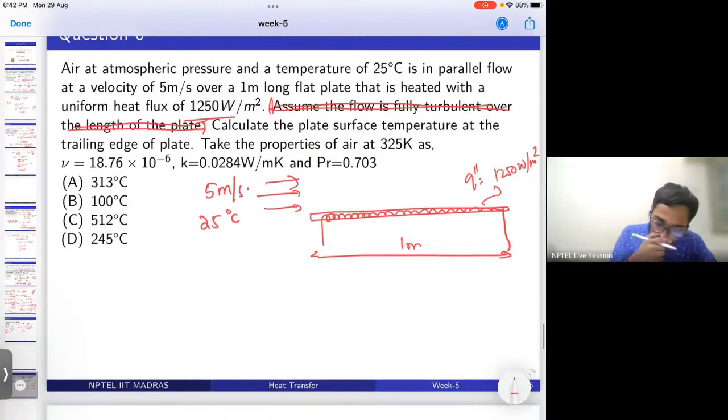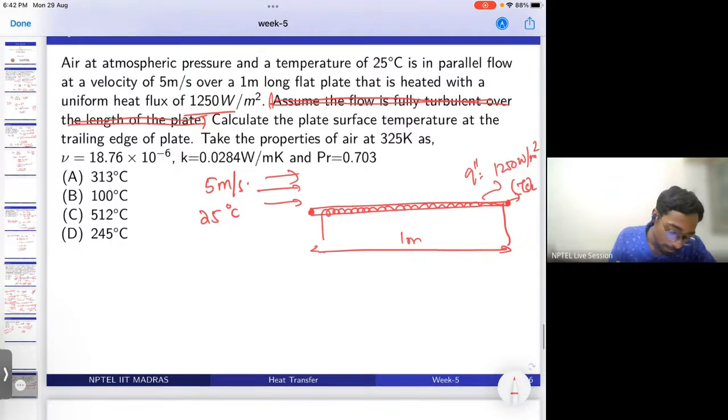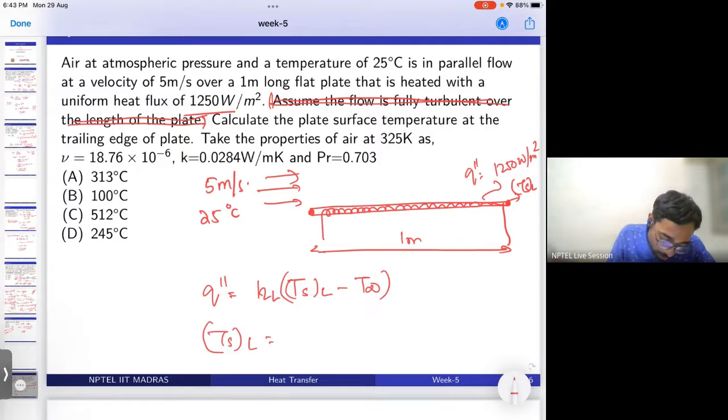We need to find out what is Ts at the trailing edge; this is the leading edge and this is the trailing edge. So q double dash is equal to h_L, the heat transfer coefficient at the trailing edge, into Ts at L minus T infinity. So Ts at L is equal to simply q double dash by h_L plus T infinity, right?